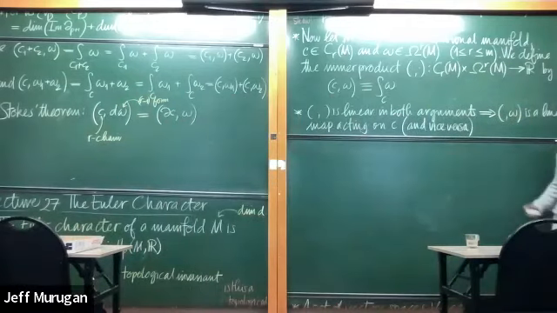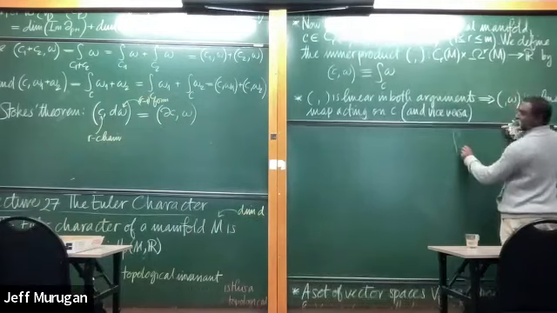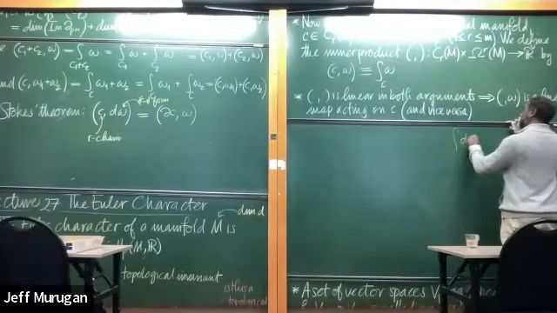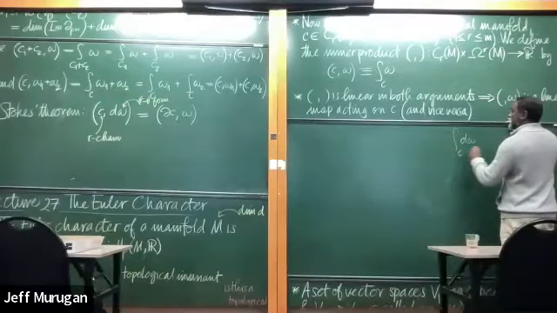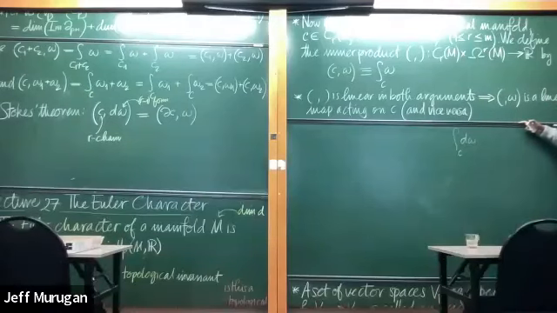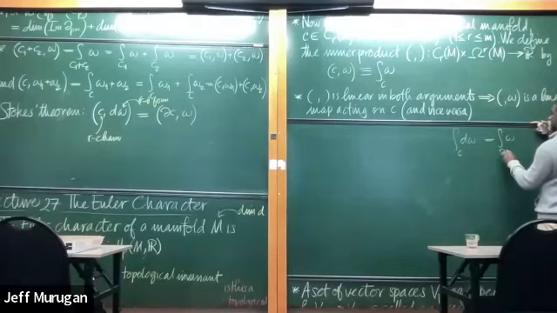Right? You recall that Stokes' theorem told us that the integral of d omega, the integral of the derivative of an object over some region, is equal to that object evaluated on the boundary of that region. Okay.